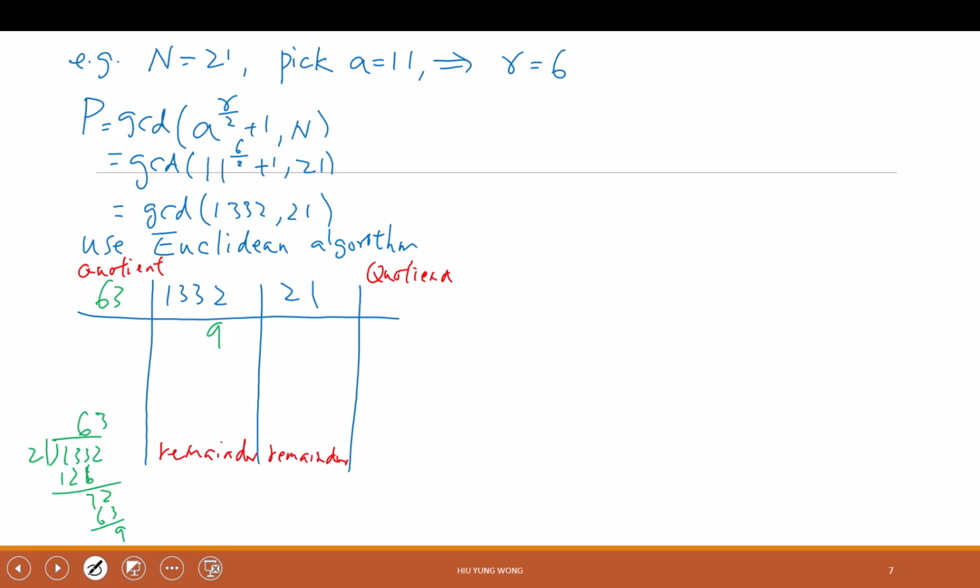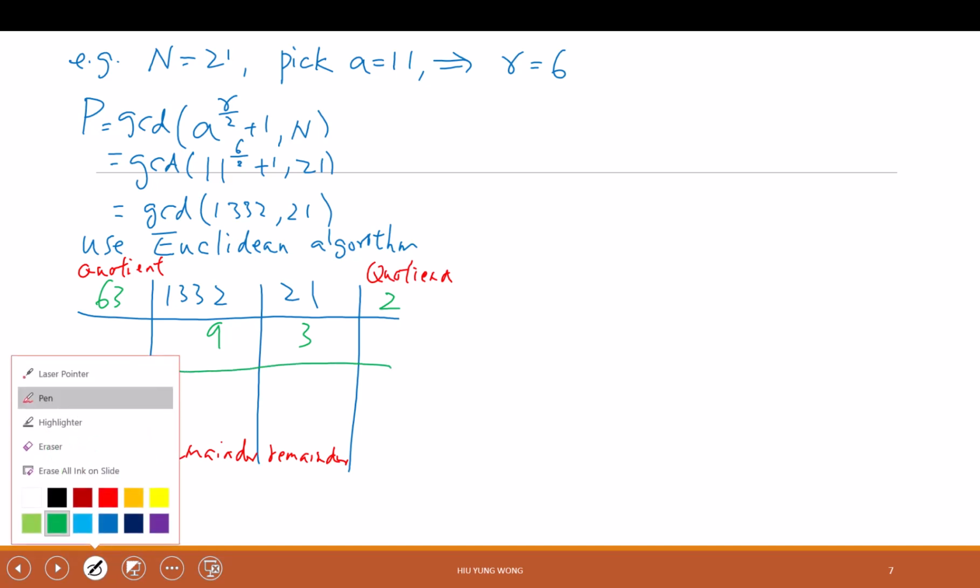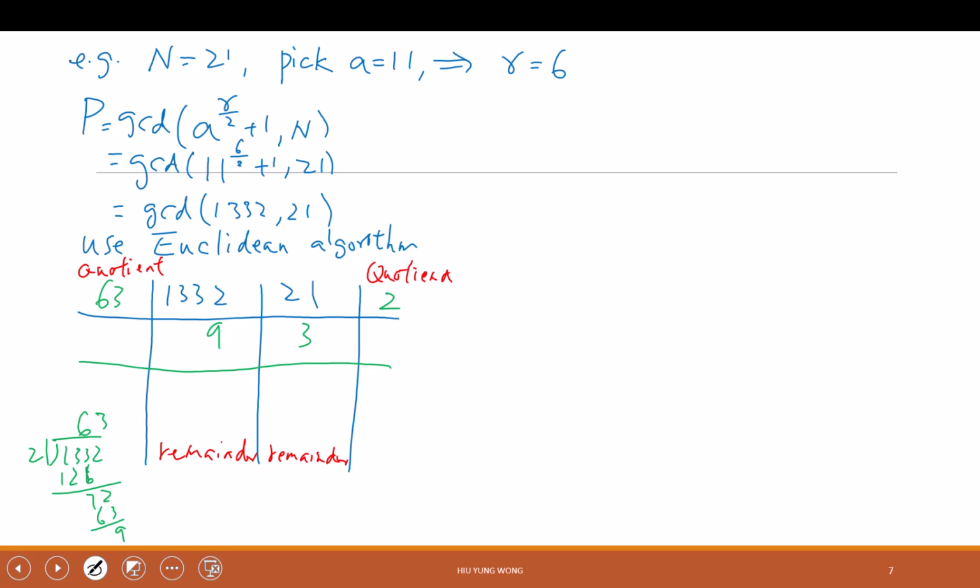Make sense? Yeah, but if you forgot, of course, you don't know what I'm talking about, right? Then you just get the result. Now, I need to divide 21 by 9. That is easy, right? 21 is equal to 2 times 9 plus 3. Then I continue. Now, I want to divide 9 by 3. What is this?